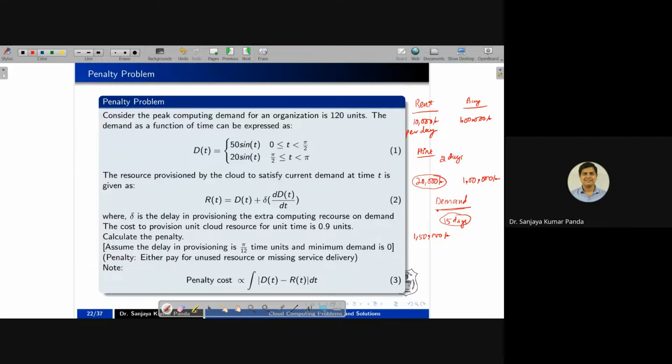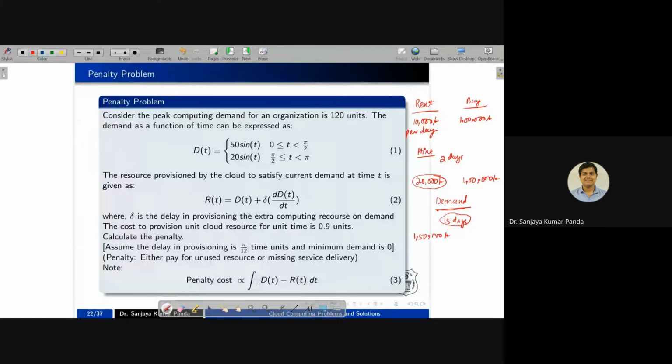Suppose I want to reduce the rent per day, I cannot. So it is not possible to always lower the price offered by the cloud service provider. So you decide whether you need to buy a car or rent a car based upon the demand.